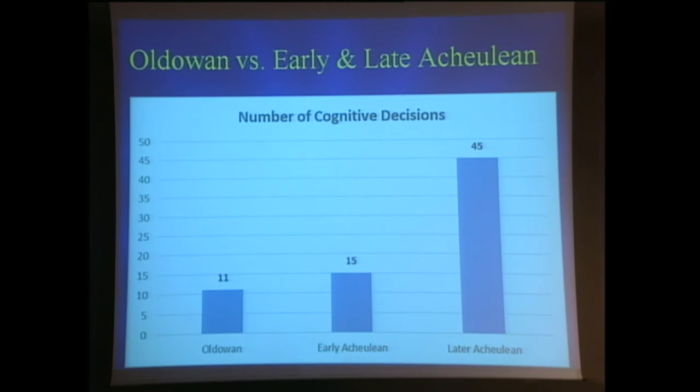For the early Acheulean, about 15, and for the later Acheulean, about 45. And for this and for other reasons, Kathy and I think that the early Acheulean hominids probably behaved and thought and cognitively acted much more like the Oldowan hominids, and the later Acheulean hominids probably acted and thought much more like modern humans. In fact, some of the early moderns are associated with hand axes in Africa.